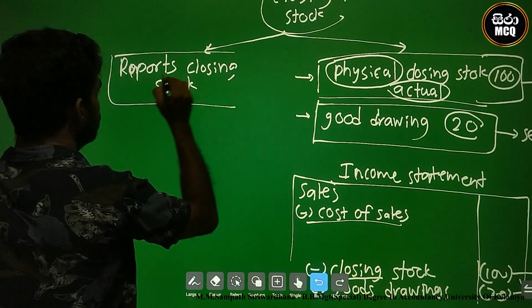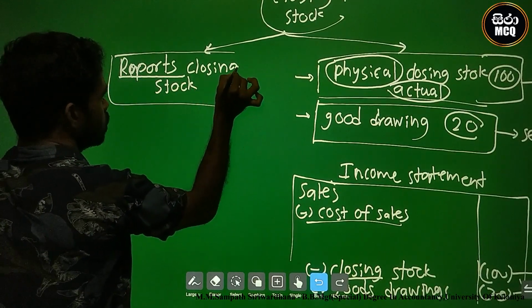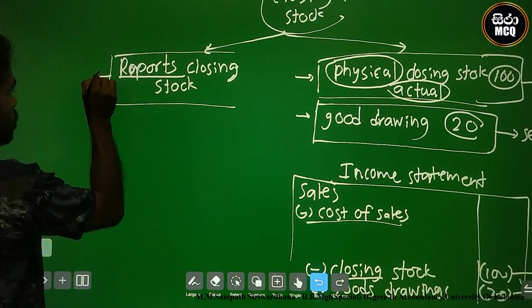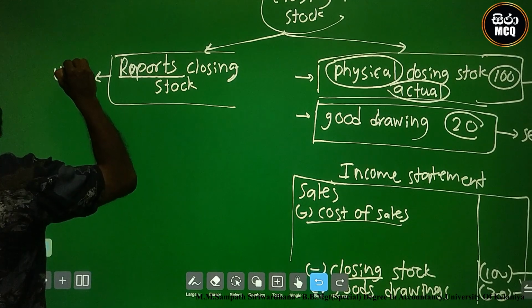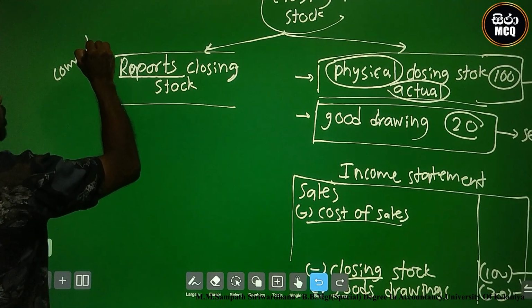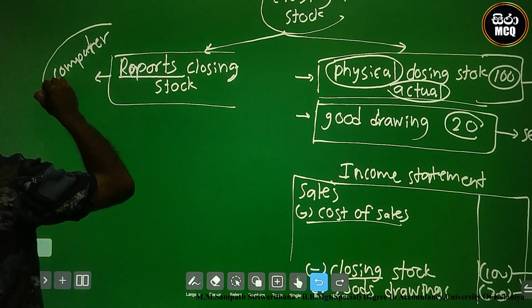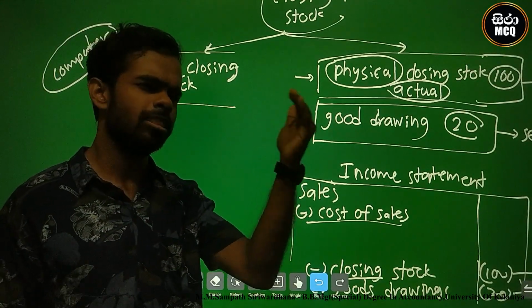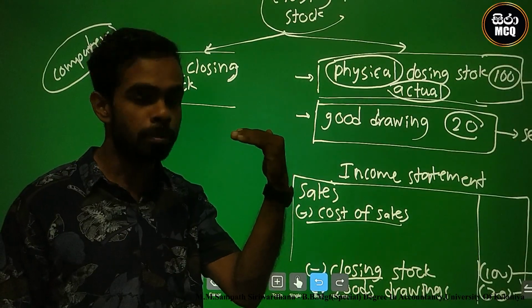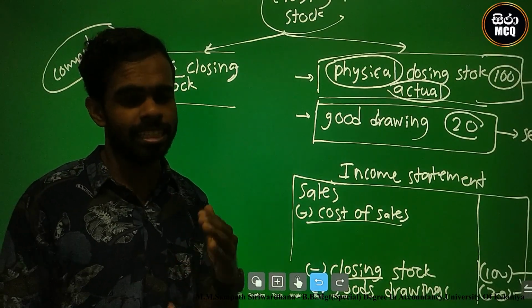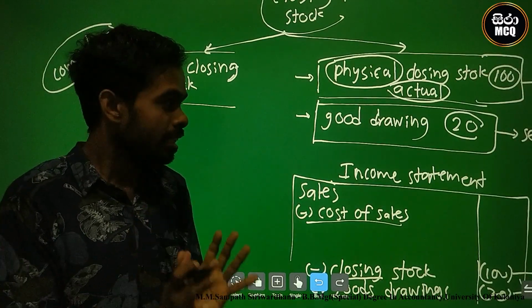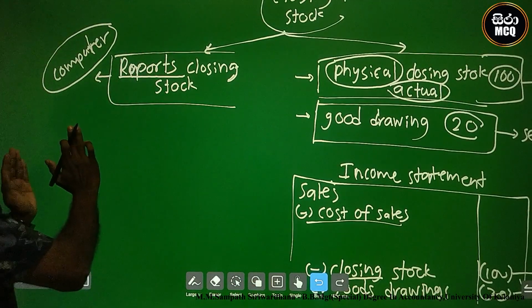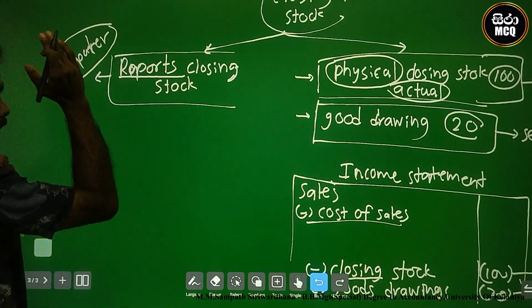At this time, this is the major point. Look here, the report's closing stock means the computer, Excel. The computer revealed what the stocks are. The computer displayed that this is the remaining closing stock. At this time, we cannot be clear that this is the actual one.